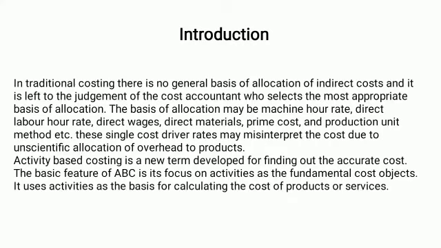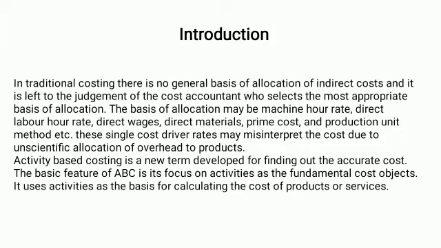In traditional costing, there is no general basis of allocation of indirect cost, and it is left to the judgment of the cost accountant who selects the most appropriate basis of allocation.